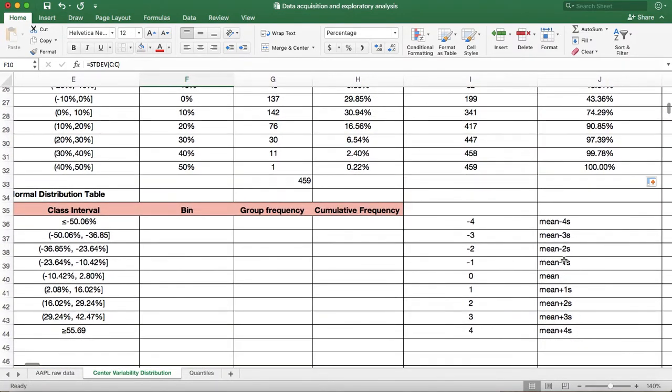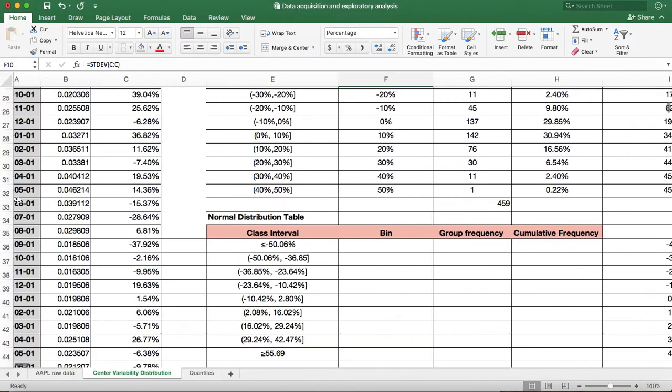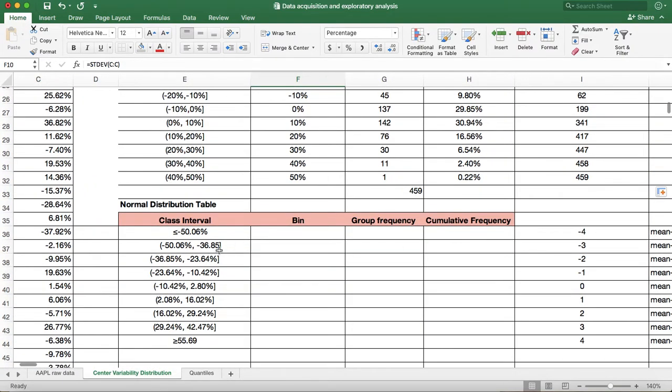Our idea is, hey, how about we group the whole bunch of this data into this kind of class interval.